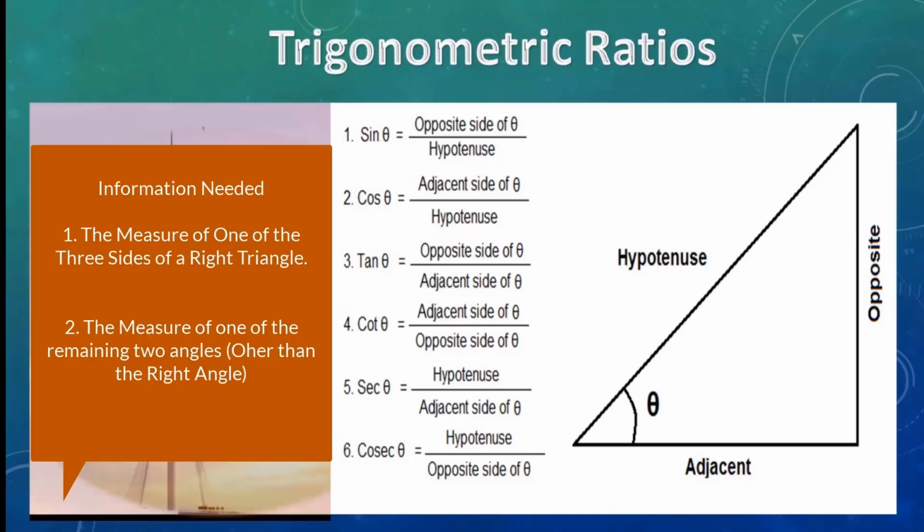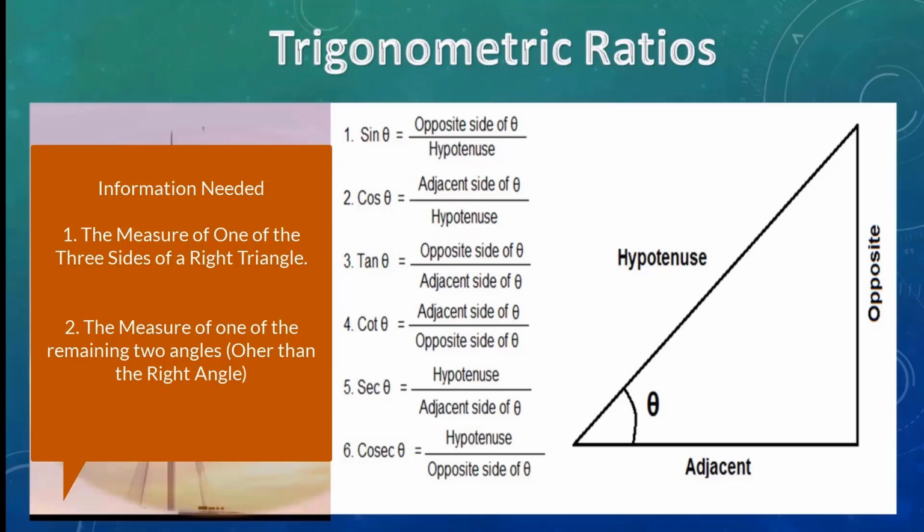The first one is you need at least the measure or the value of one of the three sides of the right angle triangle. It could be the length of the adjacent, the length of the opposite side, or the length of the hypotenuse.